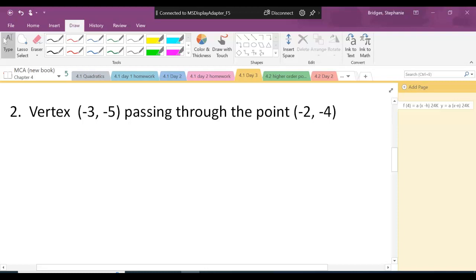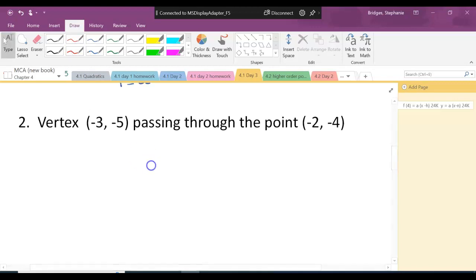All right, so I'm just going to write the vertex form up top again just so that we have it to look at. It's y equals a times x minus h squared plus k. And what variables again does my vertex represent? H and k. And then my ordered pair represents x and y.